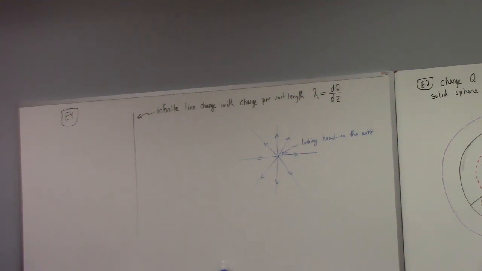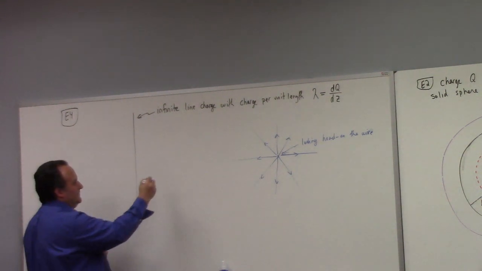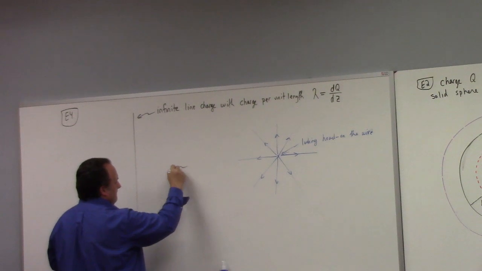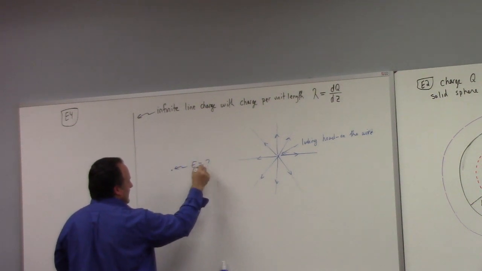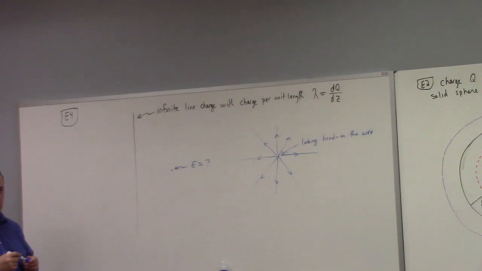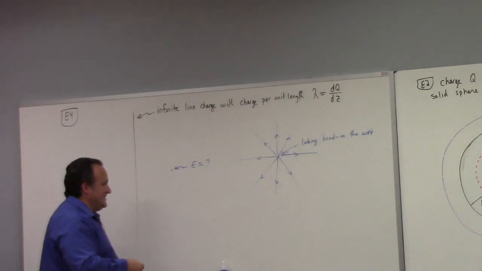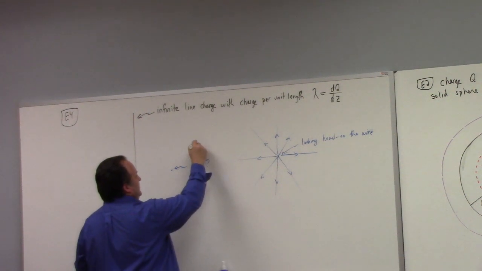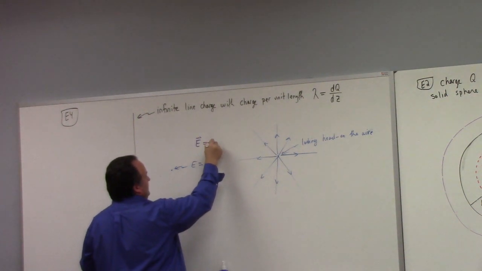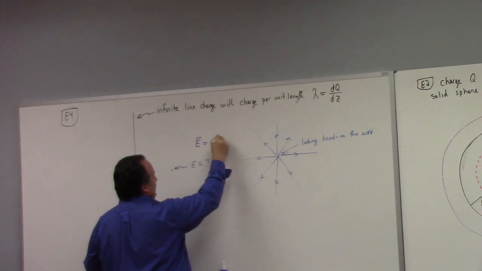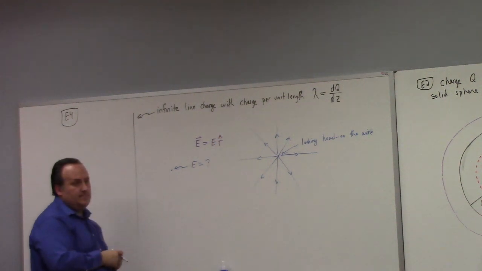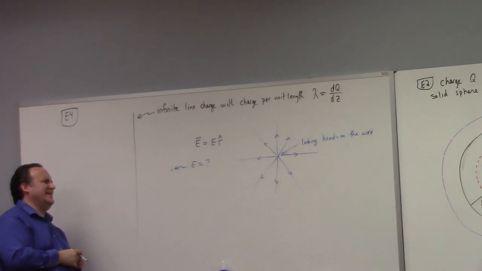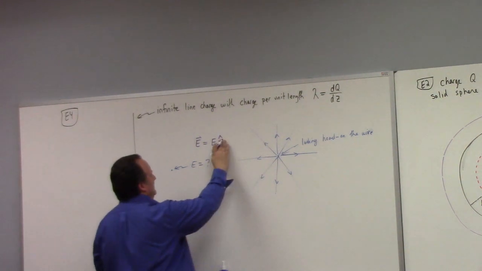But by symmetry we could argue. So the question is, what's the electric field like here? My first point to you is that by the symmetry of the problem, I can see that the electric field should be something like the magnitude times what I call r hat. Oh man, I guess I call it s hat in this class. I'm sorry, guys.